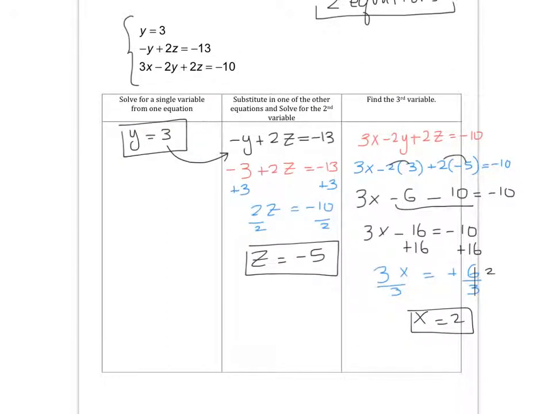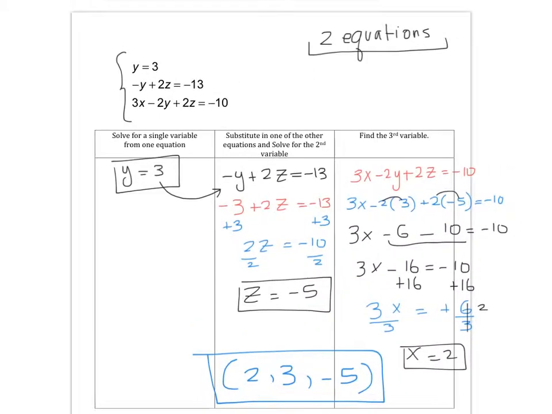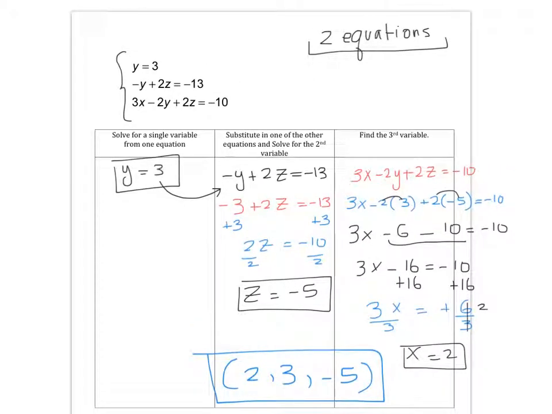So in this case, my solution is 2, which is x, 3, which is the y, and then negative 5, which is the z. And that's the solution of the three equations. So even though I have a system of three equations, it was easy to solve it. So every single time you have a system of three equations, try to reduce it into something that you're familiar with.